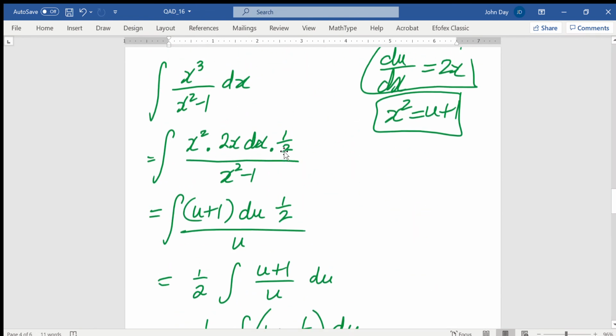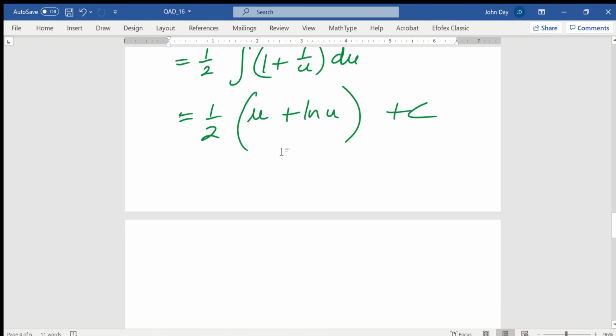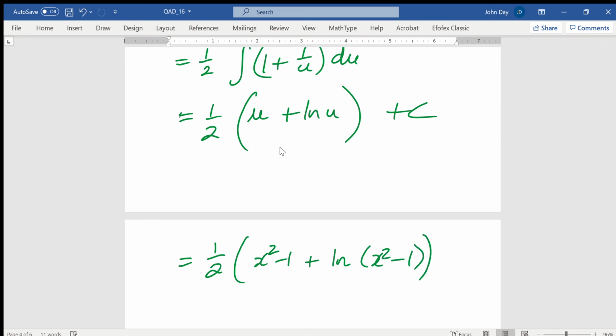But what is u? Remember, u is x squared minus 1. So it's a half of (x squared minus 1) plus natural log of x squared minus 1, plus c.